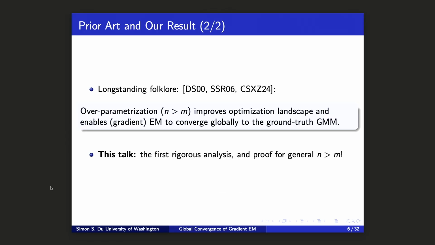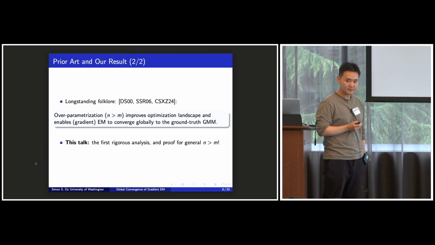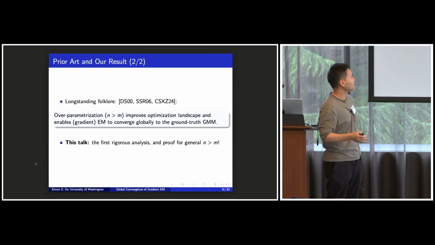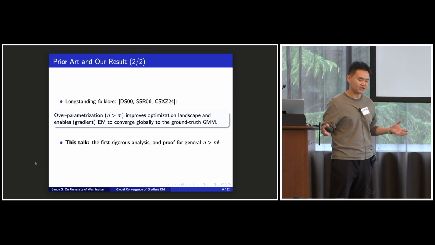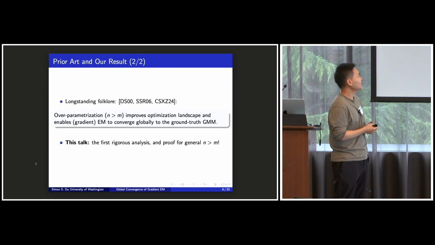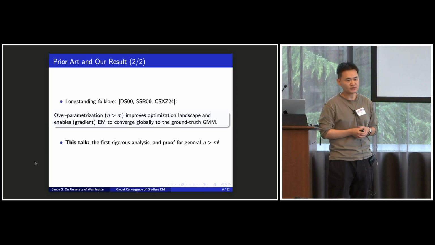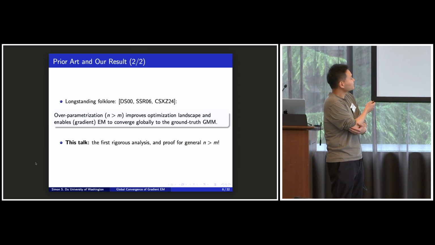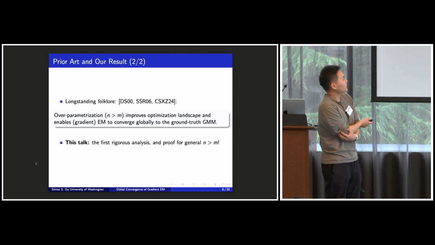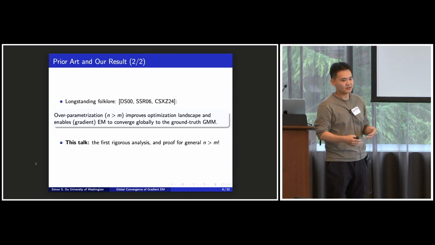Basically this verifies a kind of long-standing folklore in the literature: over-parameterization, like n bigger than m, improves the optimization landscape and enables EM or gradient EM to converge globally to the ground truth Gaussian mixture model. For example, this paper by Dwivedi, Gupta and Schmidt studies a variant of EM, like two-round EM.